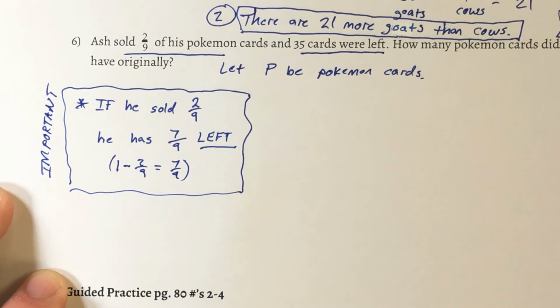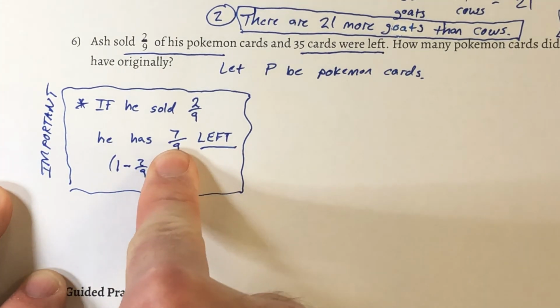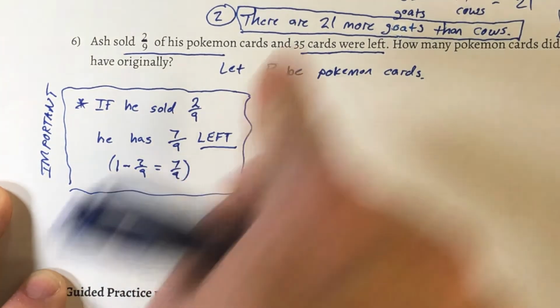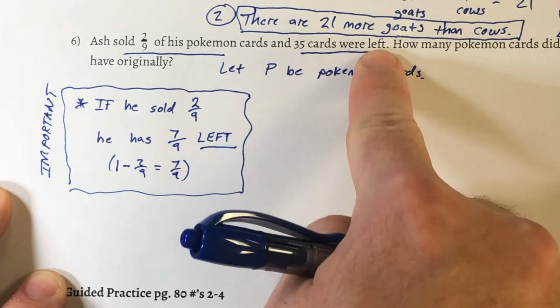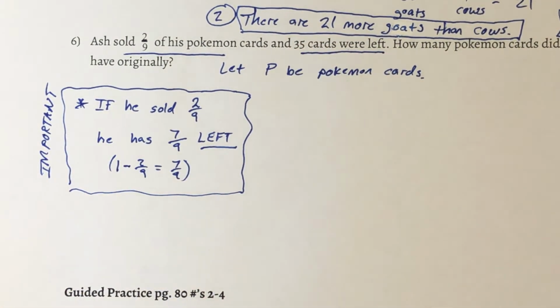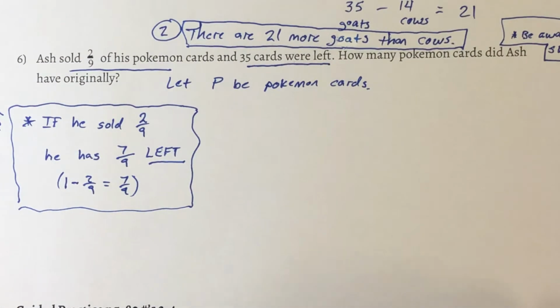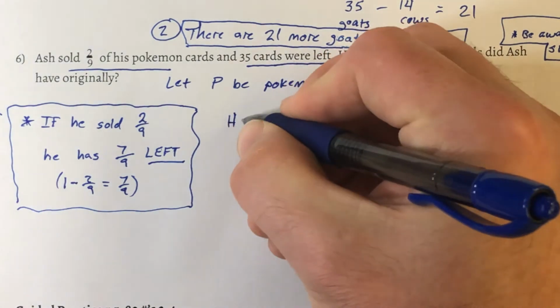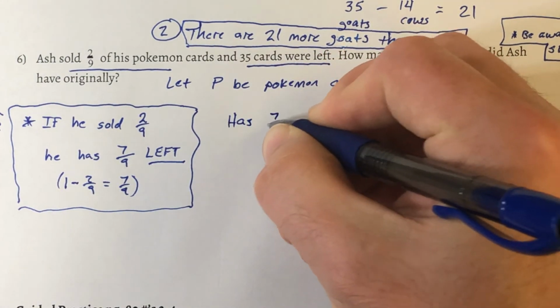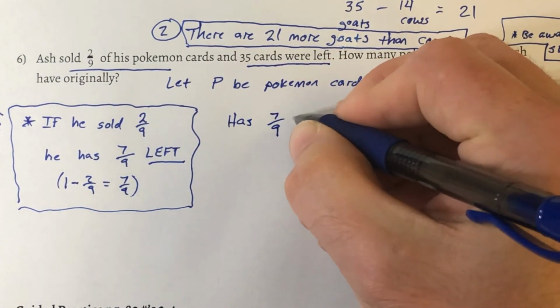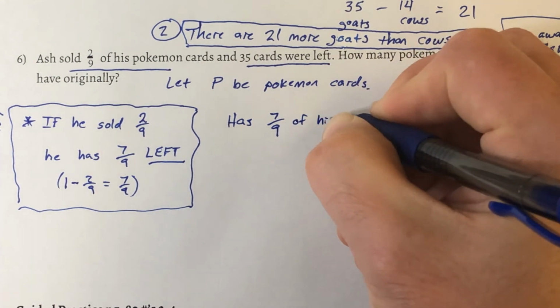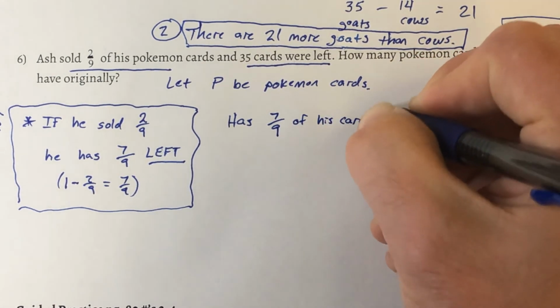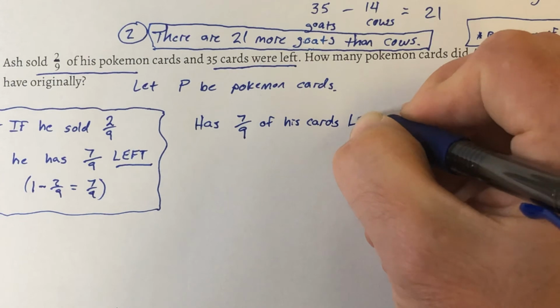So, now back to our question. If he's got 7/9 of his cards left, and he's got 35 cards left, that is what our equation is about. What he's got left, not about what he's selling. So, we're going to jot that down. He has 7/9 of his cards left.